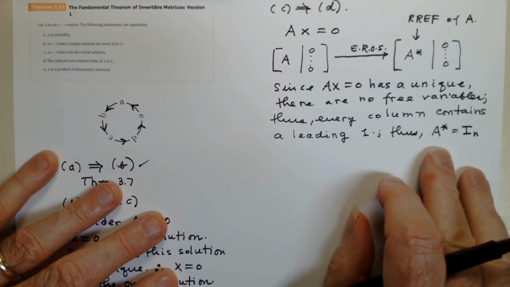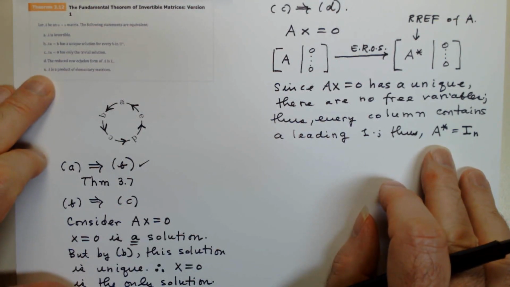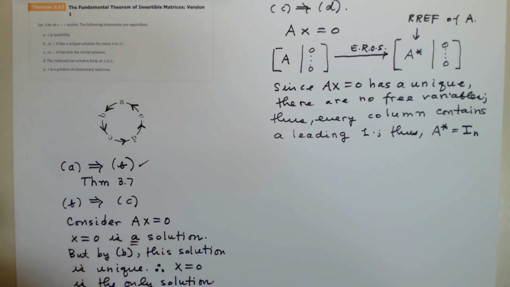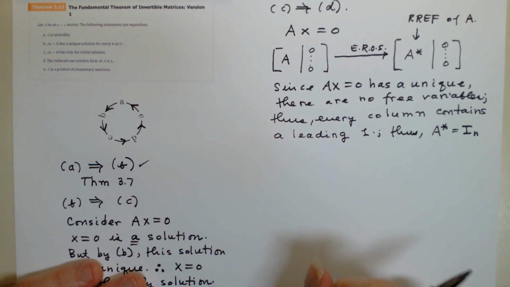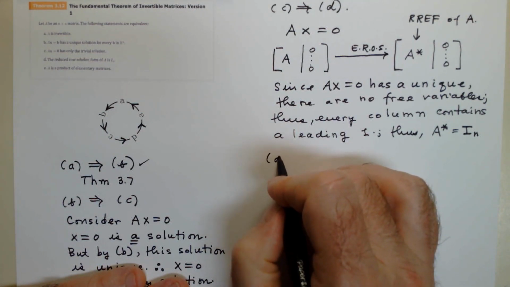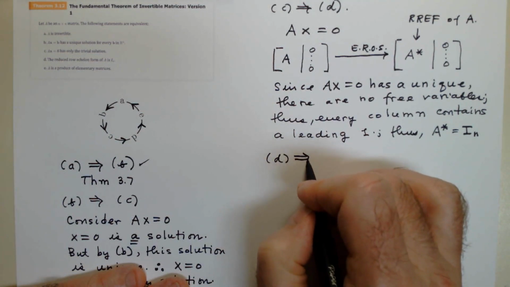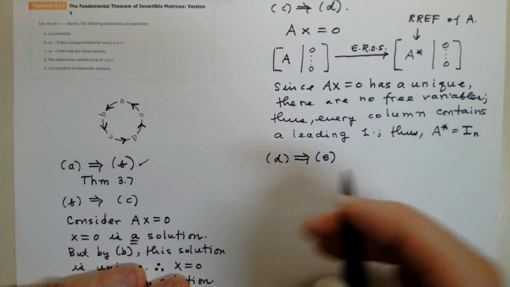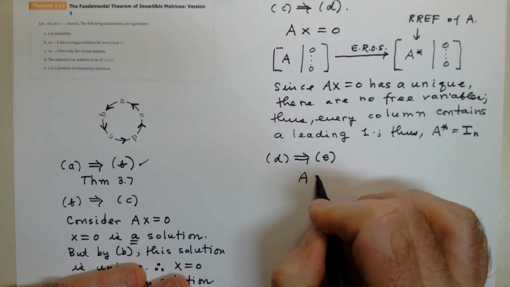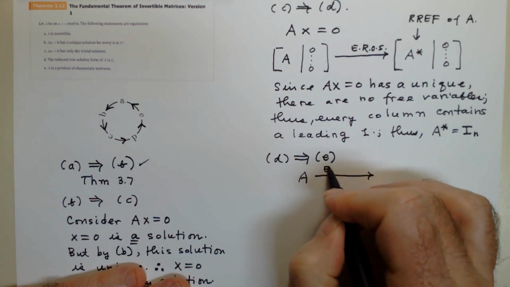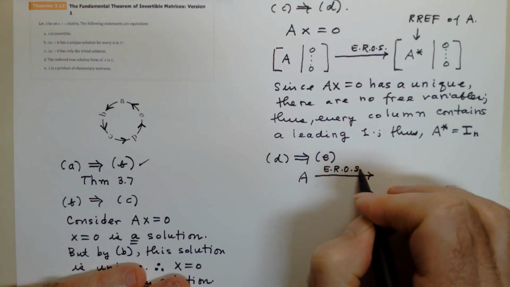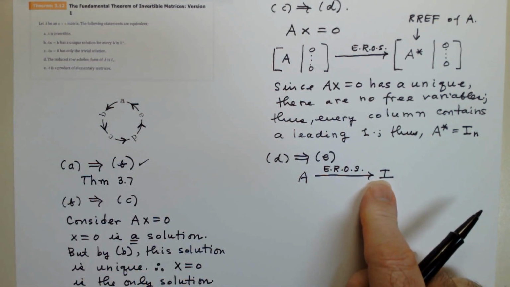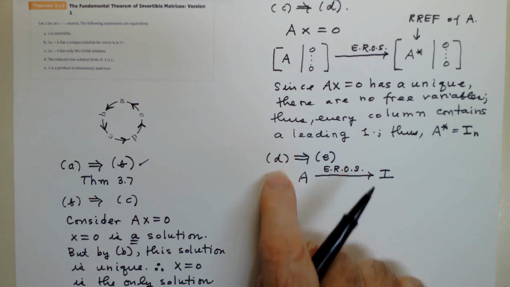Now, I've prepped you for D implies E by the previous problem we worked on. So let's just see how we can leverage what we've already done in a previous problem to help us with D implies E. Okay, now we're assuming that D is true. We're assuming that we can take the matrix A and perform a sequence of row operations to transform A into the identity matrix. That's what the truth of D is.